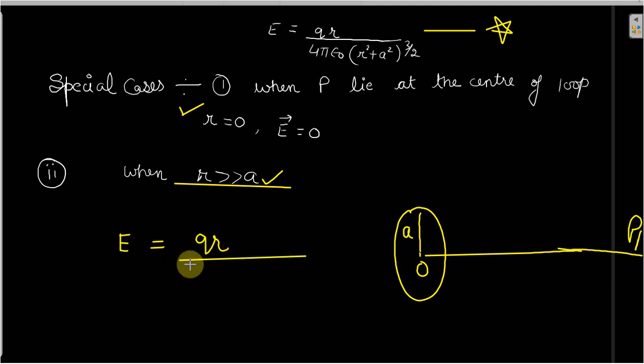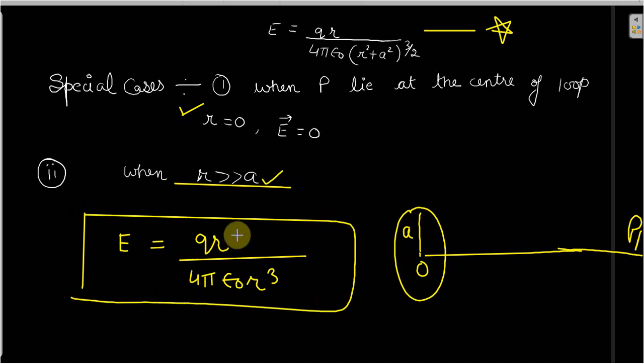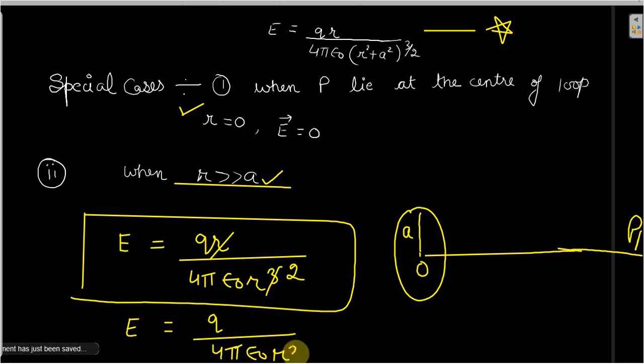You can put a equal to 0. So finally you will get this expression, kq by r square, and this expression is similar to the expression of the electric field at a point charge. So in that case you will substitute this condition.